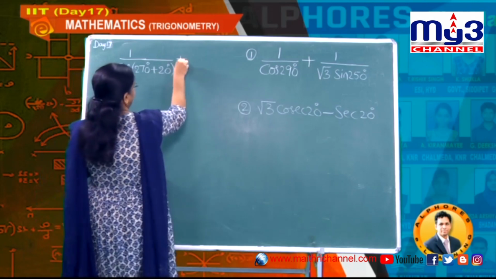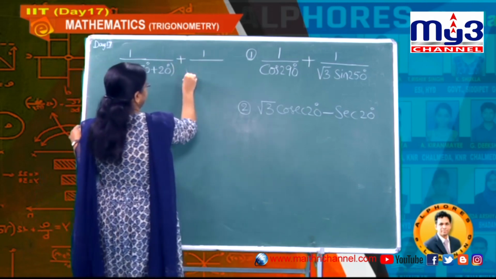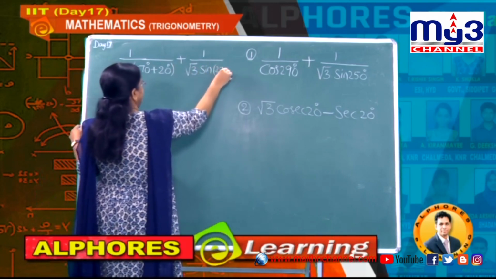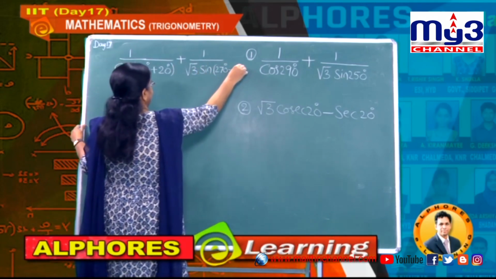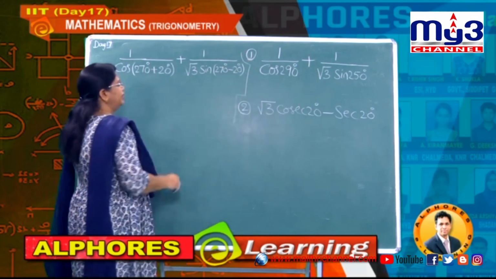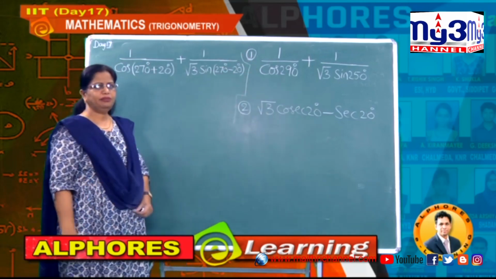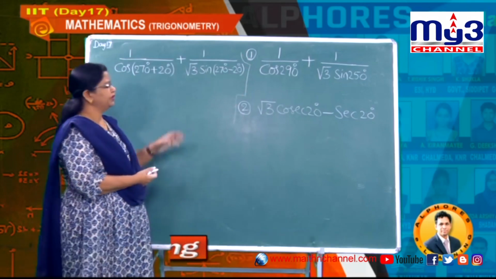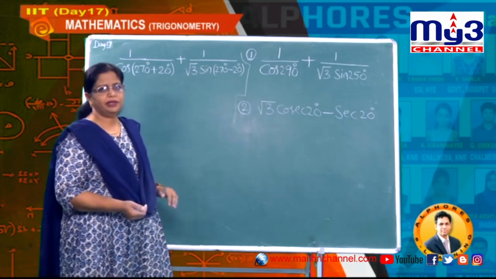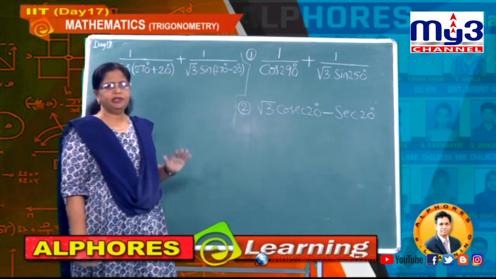First I want to write in terms of an acute angle, and this is root 3 times sin(270 minus how much? 20 degrees). Here also you have to convert to the same acute angle. Here you got 20, so here also I prefer to write 20 so that our problem will be easy.